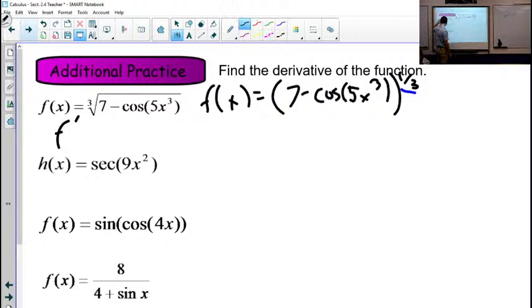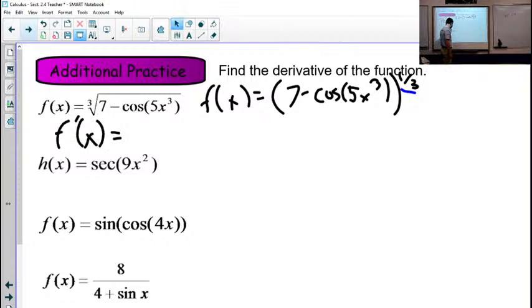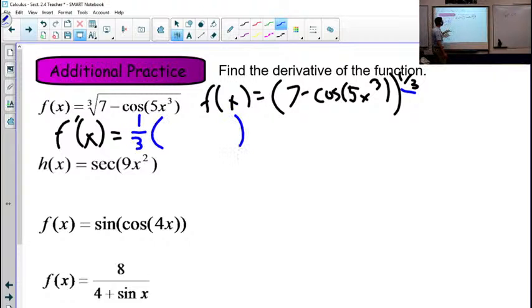Now let's do f prime. Equals. Well, my outermost function, derivative of going to the 1/3, would be 1/3 times the thing to the subtract 1, and we get negative 2/3. What is my inside part?